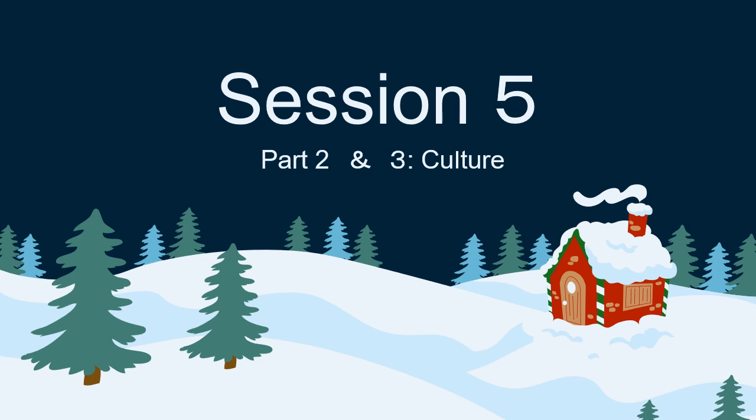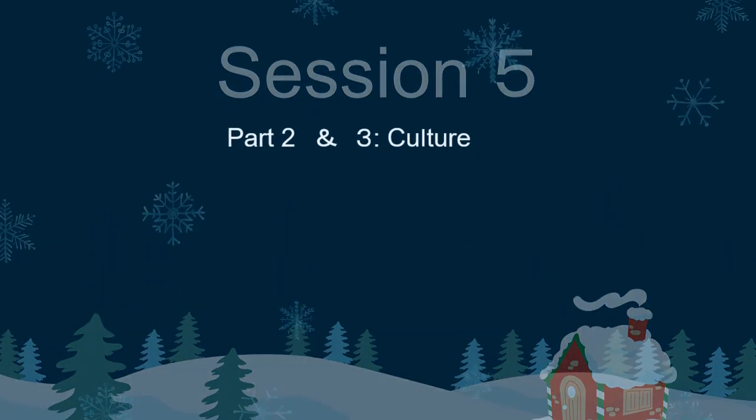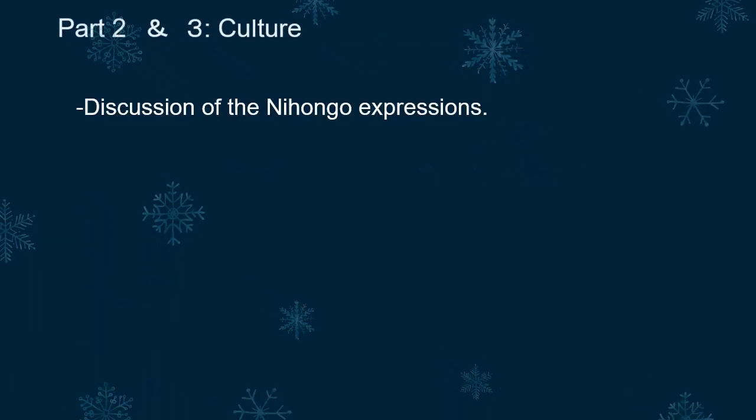Part 2 and part 3 of session 5 are Nihongo, so they will be learning some Nihongo expressions. To start, you're going to approach students and ask them to show you their cards.